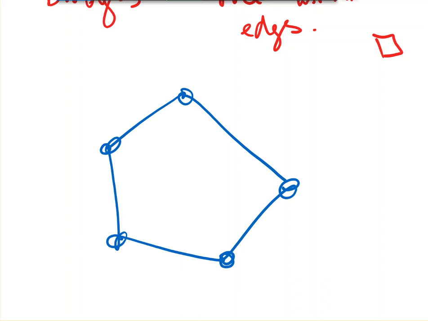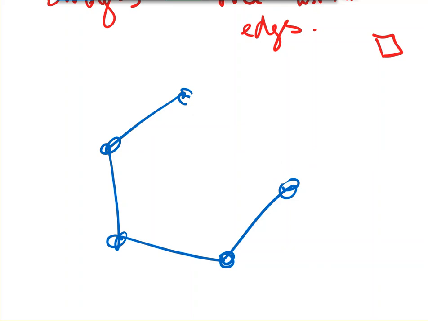In a cycle, every edge is a non-bridge because every edge lies on a cycle. That was our theorem that says an edge is a bridge if and only if it lies on no cycle. But if I delete any of those non-bridges, like so, now suddenly no edge lies on a cycle, so every edge is a bridge, and I'm left with a tree.